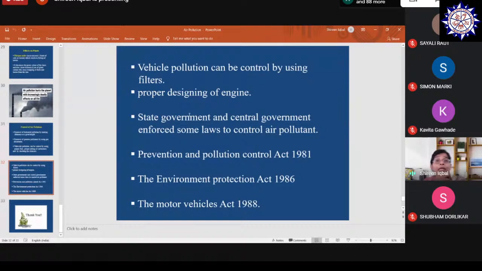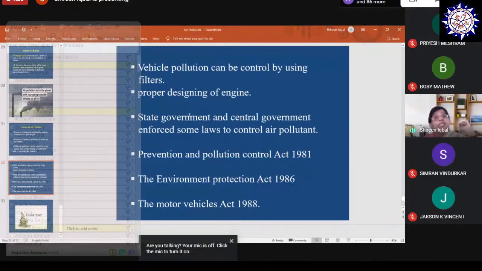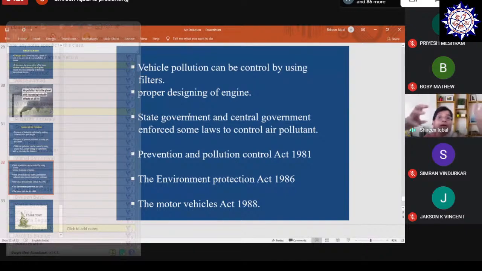And this vehicle pollution can also be controlled by using filters. Filters का use करना चाहिए, every 6 months check करना चाहिए कि कितना आपकी vehicle smoke को emit कर रही है. So by all these, we can control the air pollution.